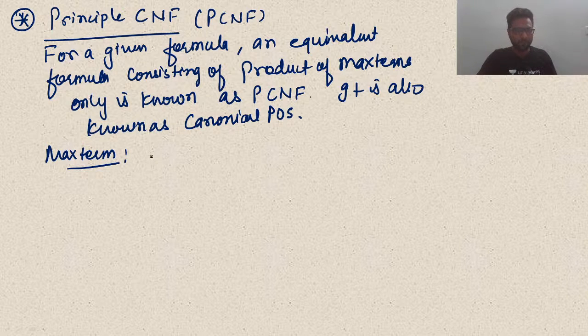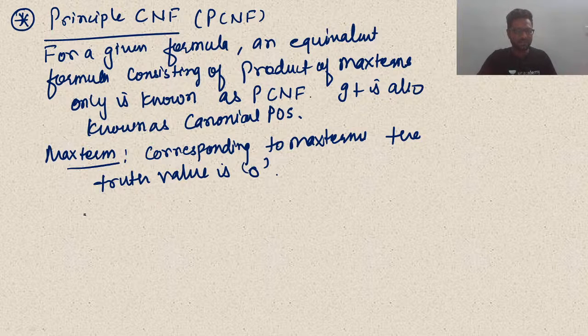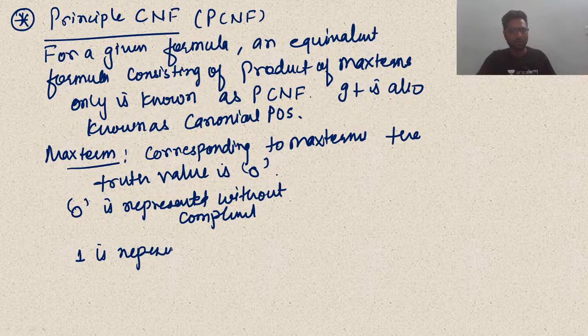Corresponding to max terms, the truth value is 0, and here 0 is represented without complement, and 1 is represented with complement.